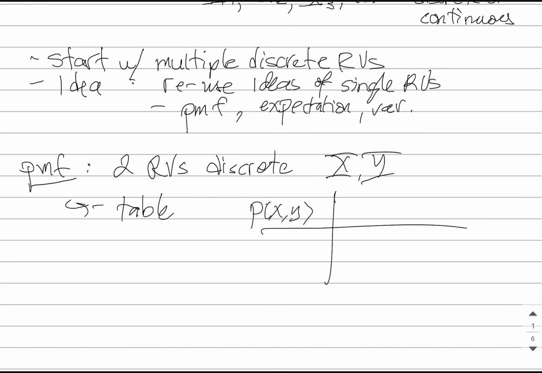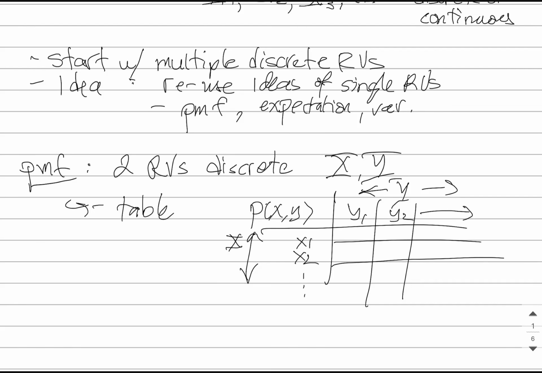One entry could be listed one way. So for example, all the x values could be listed here, x1, x2, etc., and all the y values could be listed this way. And what ends up happening is we end up making a table. Within each entry, we will have a number that corresponds to the particular x value and the particular y value. So for example, we will be talking about what's seen on the PDF file attached to this video, the gas station example.